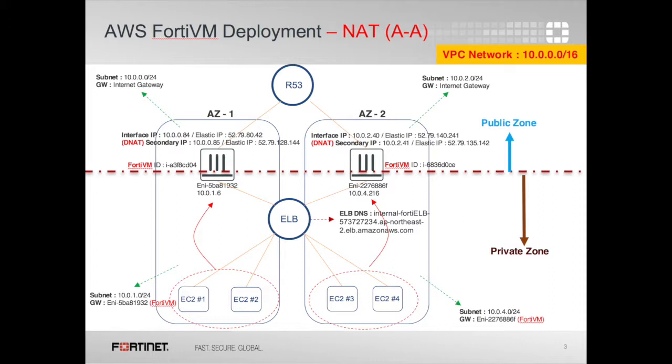Assuming that traffic is forwarded to the ELB from FortiGate 2 in AZ2, the ELB automatically load balances to EC2 instances. Definitely, EC2 instances in AZ1 receive traffic from it, but that subnet is routed only to FortiGate 1, not FortiGate 2.